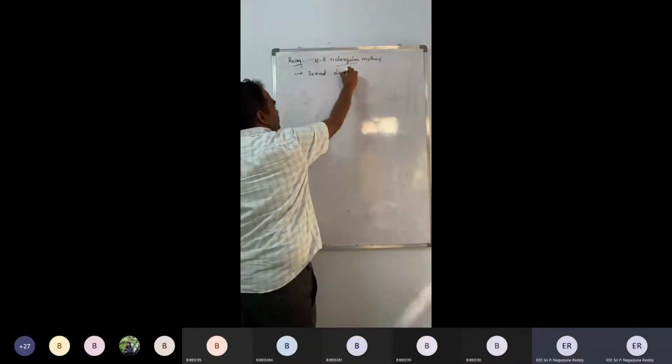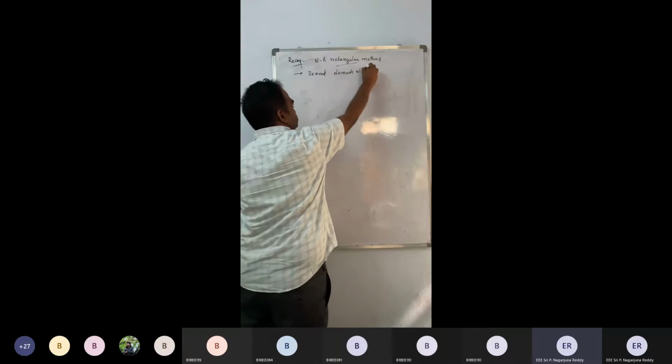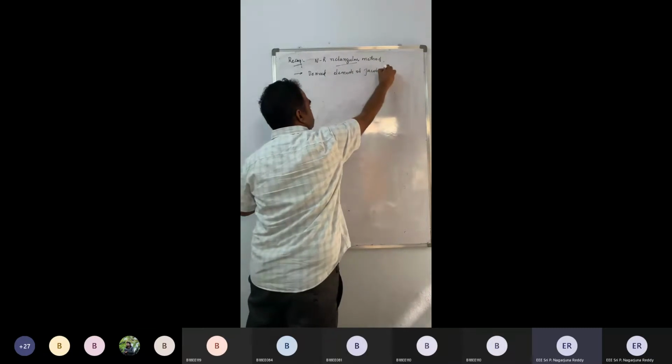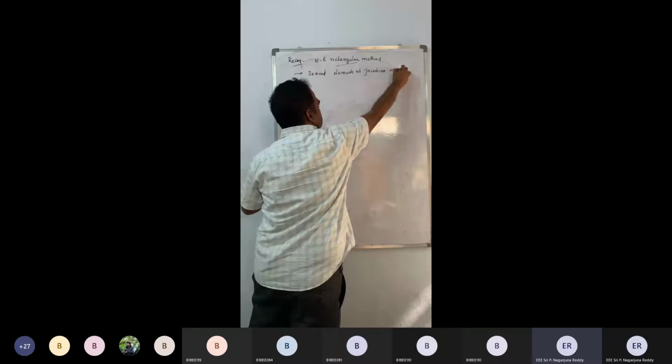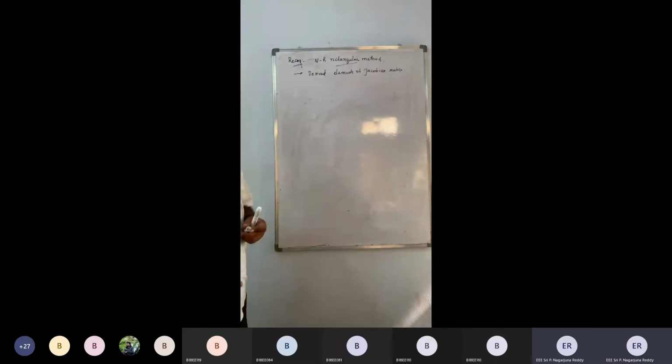Elements of Jacobian matrix. We have derived elements of Jacobian matrix.